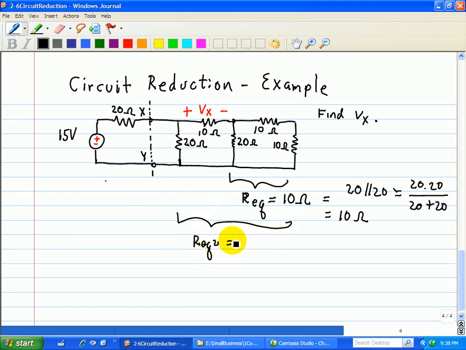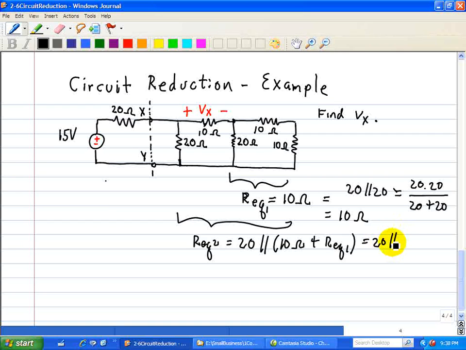We have this 20 ohm in parallel with this 10 ohm plus, I'll call this REQ1, or in other words, 20 in parallel with this 20, which is just equal to 10 ohms.